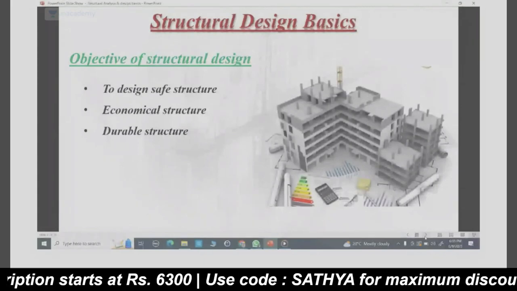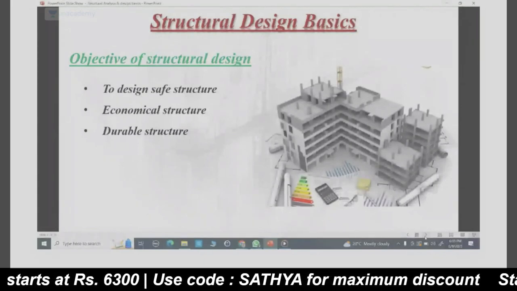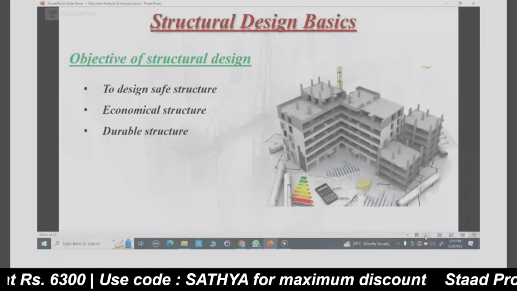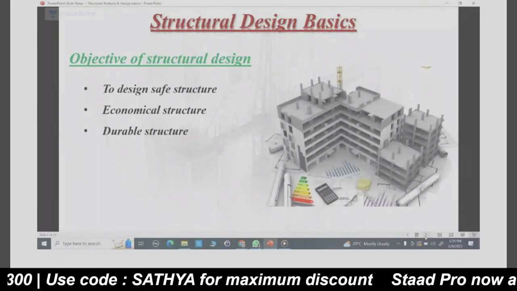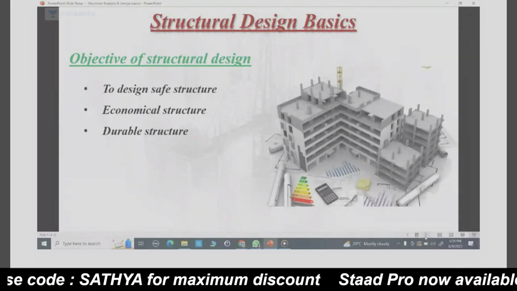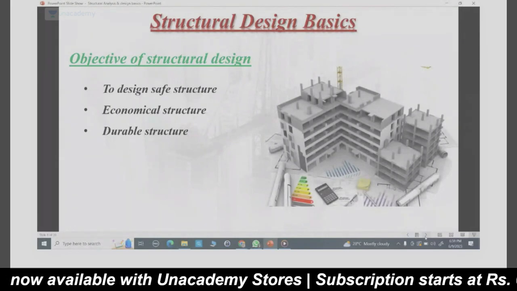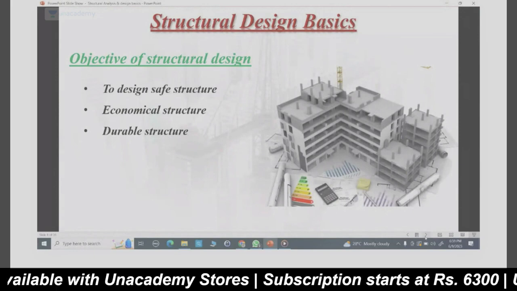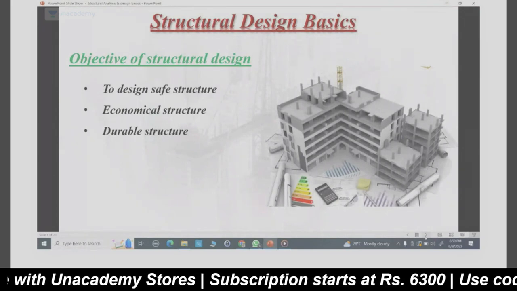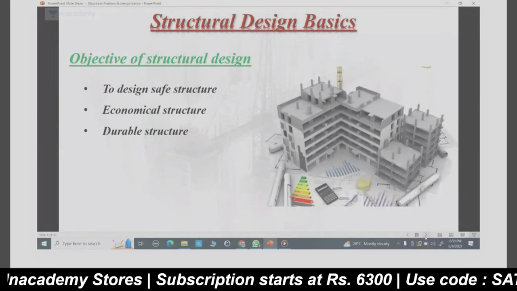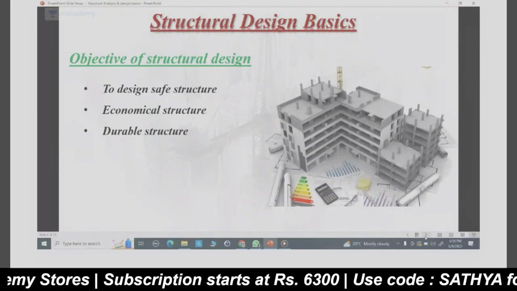Next, let's move on to the objective of structural design. So now you all have got an overview of what we are going to do and what is structural design. The main objective of structural design is to design a safe, economical, and durable structure.